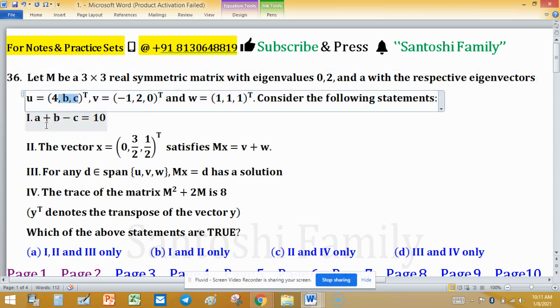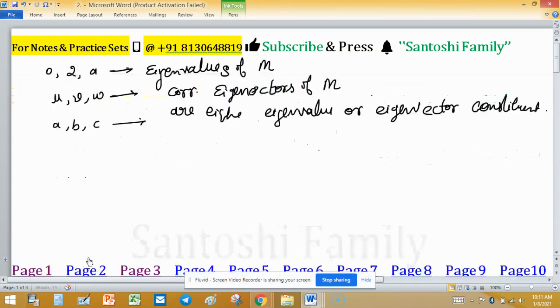So to check the statement, first we need to find a, b, and c. They are somehow related to each other; eigenvalue and eigenvector have some common relation.